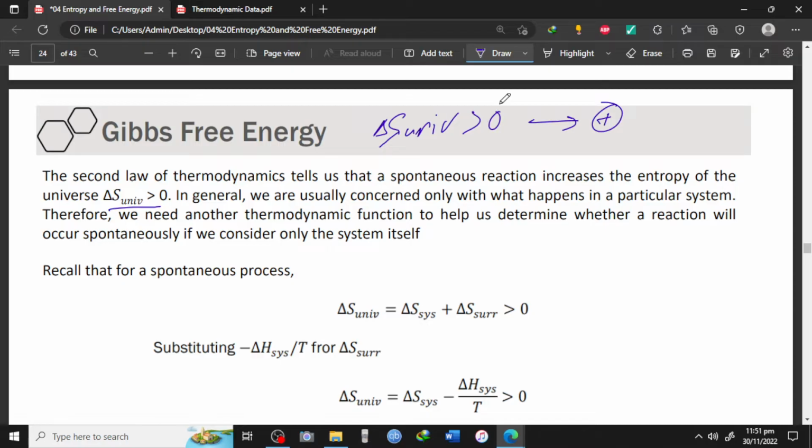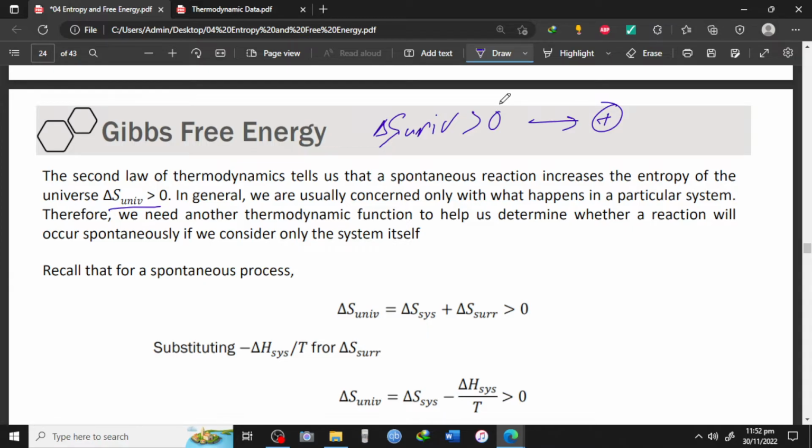So, dahil nga pahirapan yung pag-calculate for the delta S universe, nag-isip yung mga scientists, no, ng way to simplify this issue. So, in that case, nag-develop sila ng another energy form. Yun na yung tinatawag nating Gibbs free energy. So, dito papasok sa picture si Gibbs free energy.